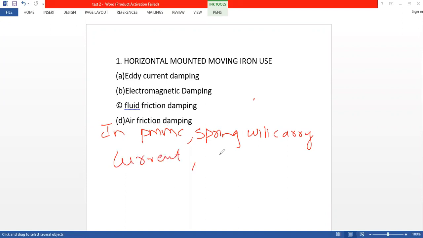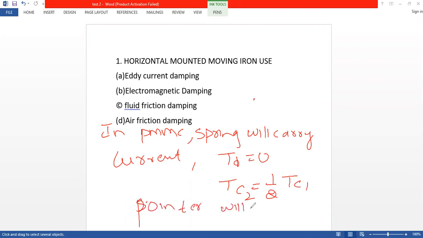So if the spring is damaged, TD equals 0, and TC2 is half of TC1. So the pointer will come back to its original position, the 0 position. This you should know in moving iron instruments.